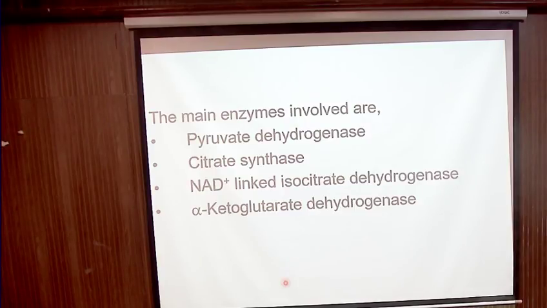So for the regulation, we concentrate on the central piece, the formation of NADH and FADH depending on the need for energy by the cells. Pyruvate dehydrogenase, citrate synthase, isocitrate dehydrogenase, and alpha-ketoglutarate dehydrogenase are the key enzymes producing the oxidative phosphorylation products, or rather the ATP.